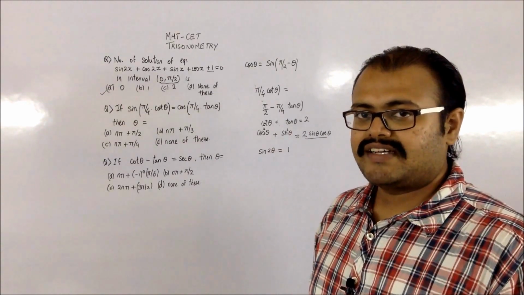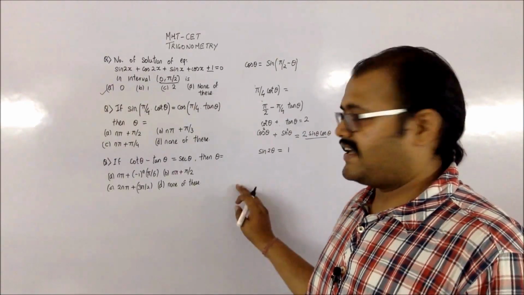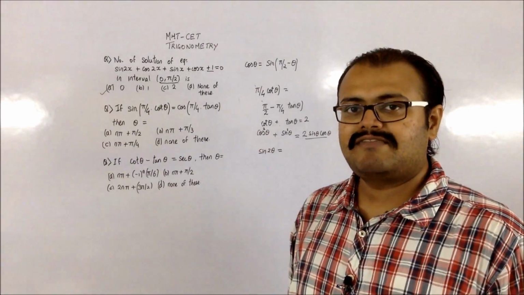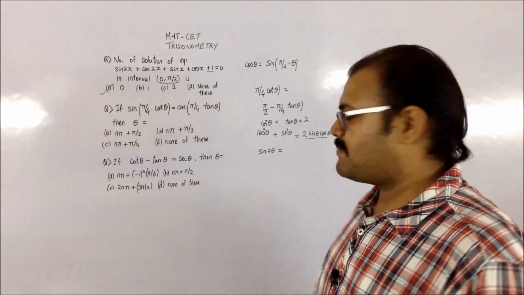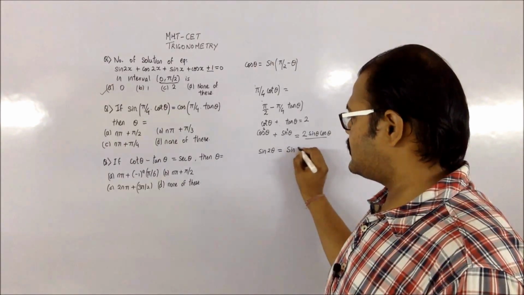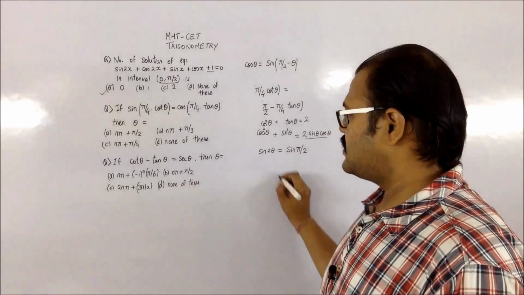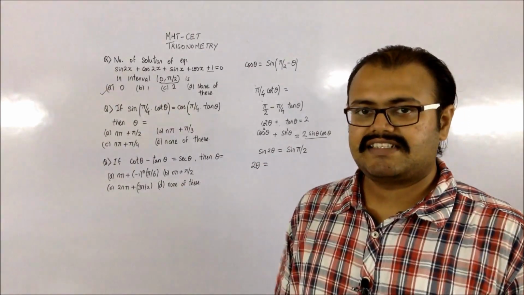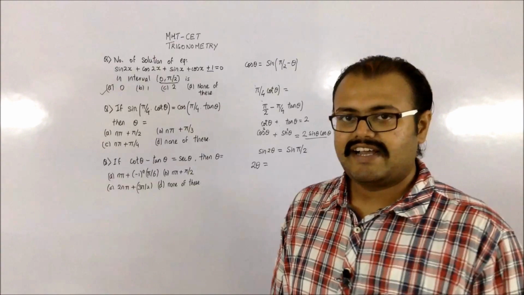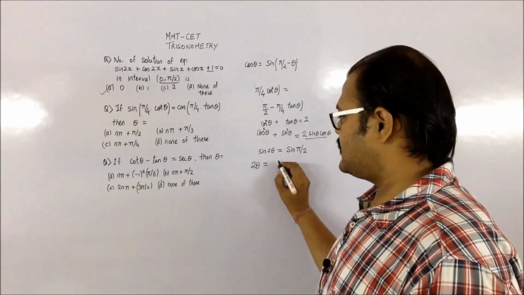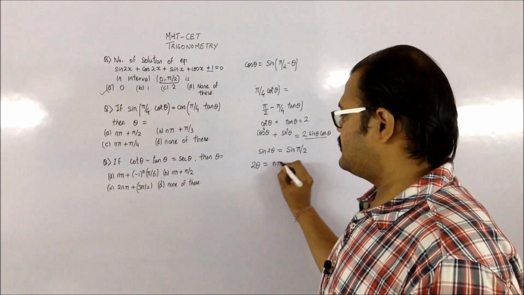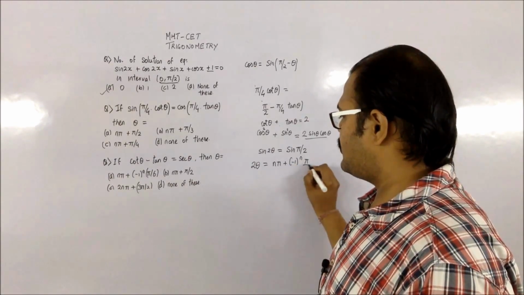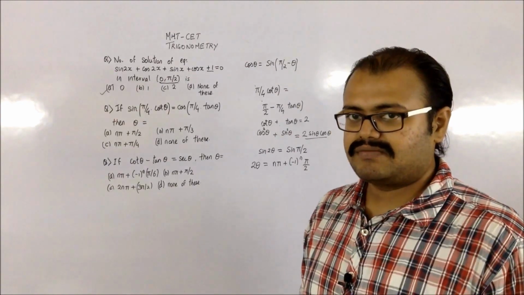Now you require it to be represented as sine theta equals sine alpha. I know that the value of sine becomes 1 only at pi by 2, so I will write this as sine pi by 2. Using the general equation which I know for the condition sine theta equals sine alpha, I will be getting the equation 2 theta equals n pi plus minus 1 raised to n into the alpha value, which in this case is pi by 2.